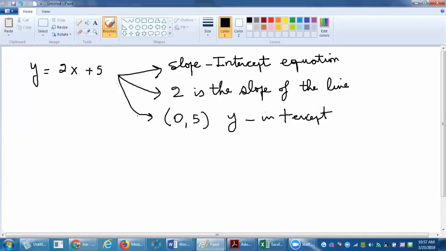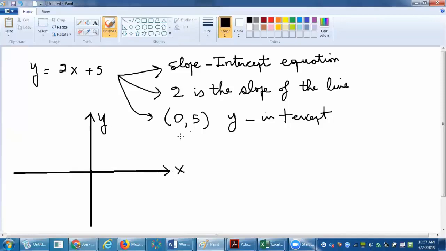Using this information, I can graph this line. So let me go ahead and graph this line. This is the y-axis and this is the x-axis. Now, since this line has a y-intercept at (0, 5), I can graph 1, 2, 3, 4, 5. This is the point, the y-intercept (0, 5).